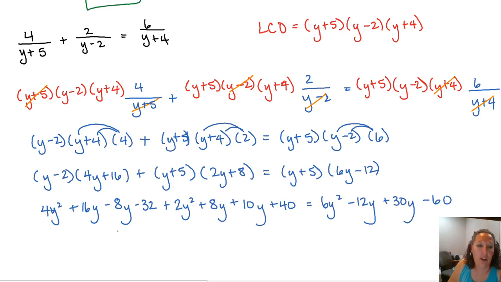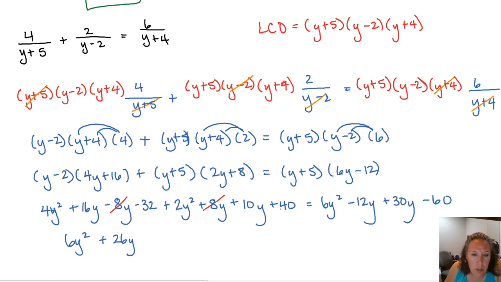All right, combining like terms on the left-hand side, we do have a minus 8y and a plus 8y. And that's the only thing that's going to cancel out. So 4y squared plus 2y squared is 6y squared. 16y plus 10y is 26y.